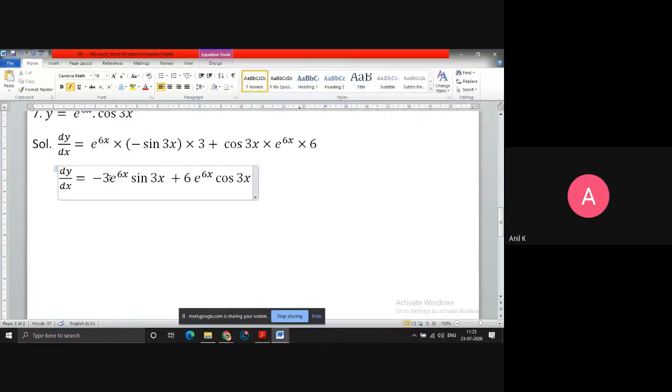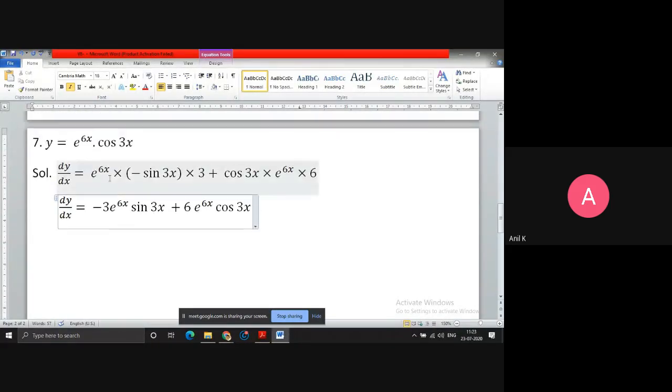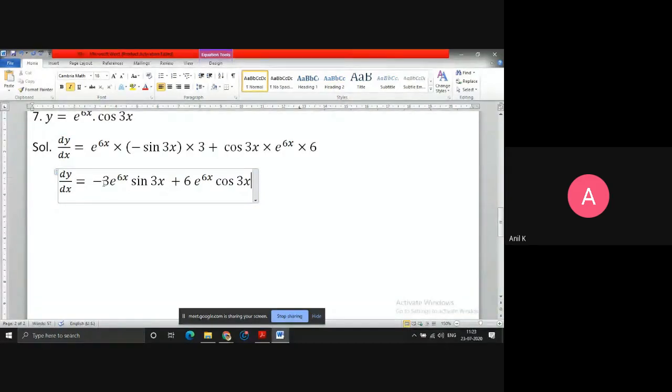Now to find the second derivative, you can do it directly. Apply the uv formula for this function and again apply the uv formula for this function. Because for the second derivative, I have to differentiate the whole function. So before I do the derivative, let me see if I can replace any terms.